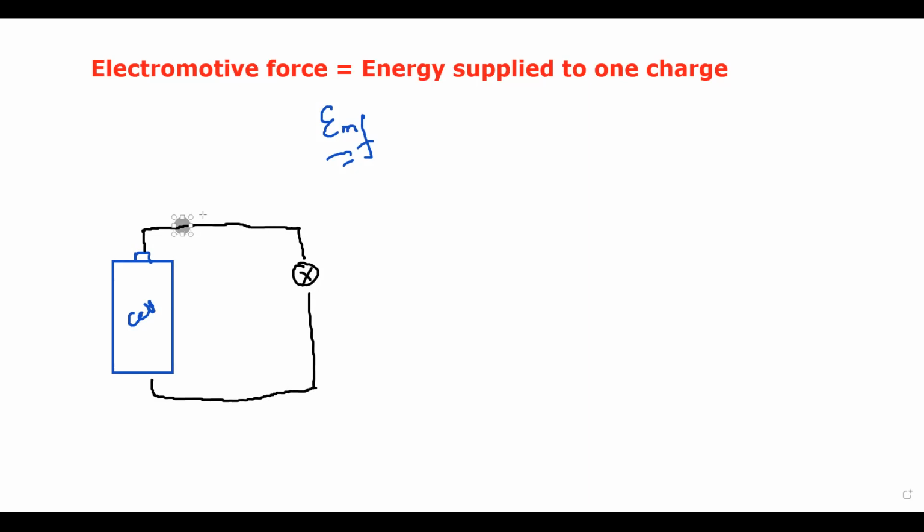Example, 5 charges are there, 1, 2, 3, 4 and 5, and the total energy carried by the 5 charges is equal to 20 joules. So 20 joules is the total energy which they carry, and there are 5 charges.